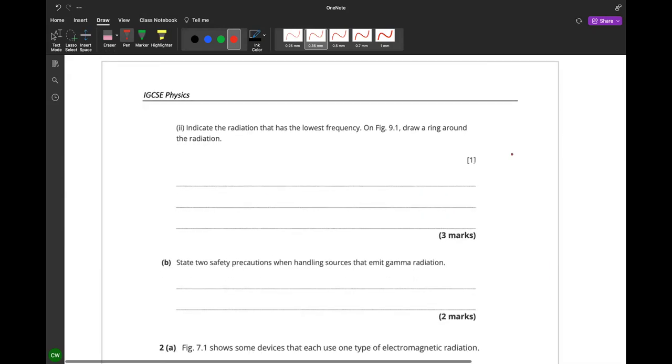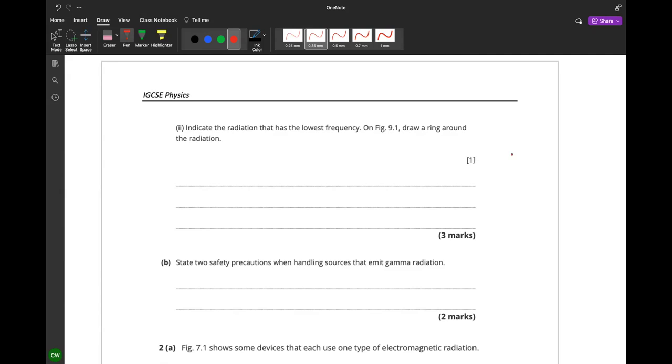State one safety precaution when handling sources that emit gamma ray. How? Okay, what is a safety precaution?